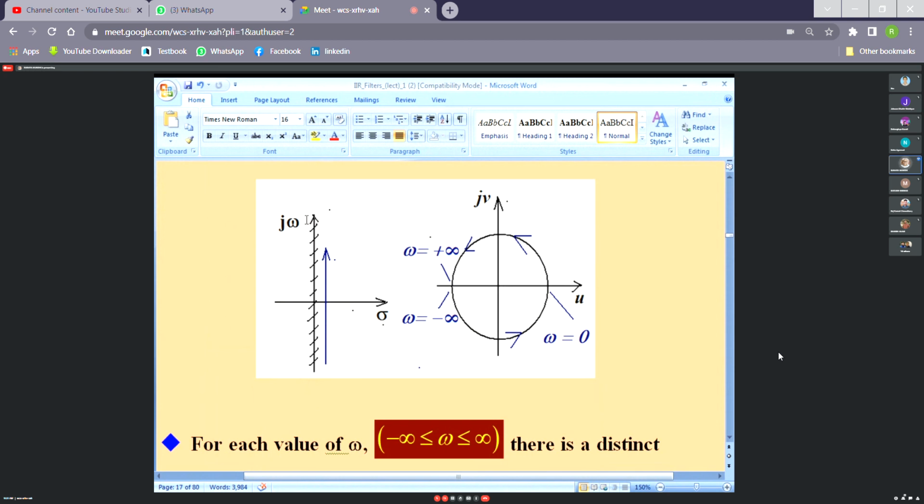So aliasing of characteristic does not take place here. That is an advantage of this method, but the baseband frequency response, the original frequency response, becomes grossly distorted, not because of characteristic aliasing, that is absent, but because of a nonlinear relation between small omega and capital omega prime.